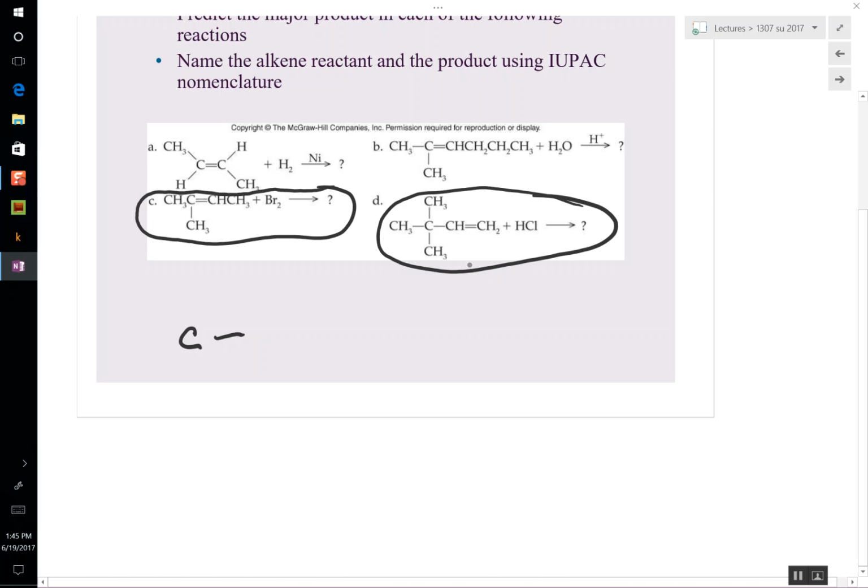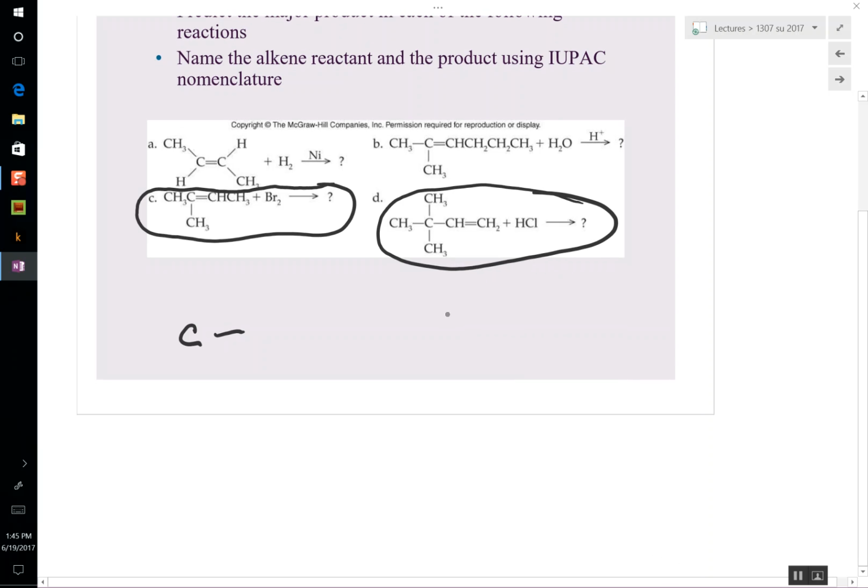Okay, Markovnikov's rule is going to come in here. Let's draw this in a way that we can see it a little bit better. We've got this carbon.